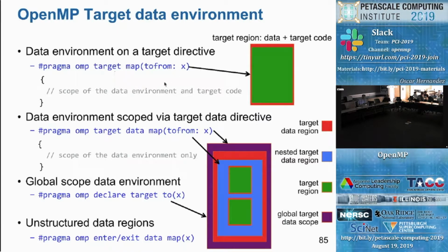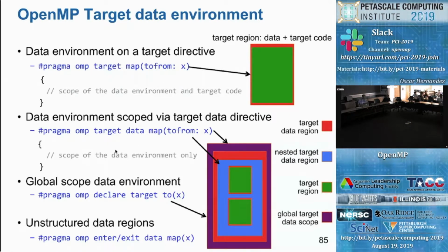But you can separate them by using a directive that only deals with data environments, where we specify OMP target data. When you use that, you're just dealing with the data environment of the device. You use these constructs to synchronize the data between the host and the device, or vice versa.